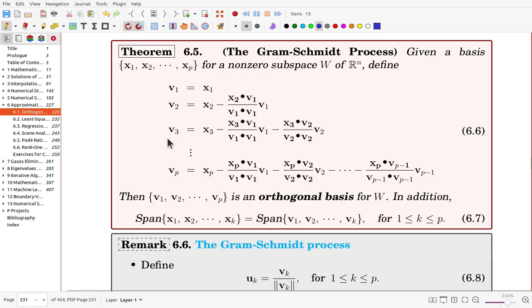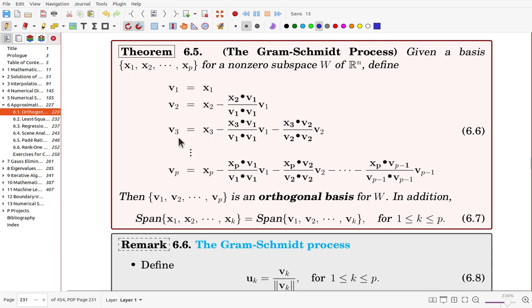In this way, we keep making new vectors that are orthogonal to each other. Now, let's look at v1 and v2. The span of v1 and v2 must be the same as the span of x1 and x2, because v1 and v2 are also linear combinations of x1 and x2, and orthogonal. So the span must be the same space.